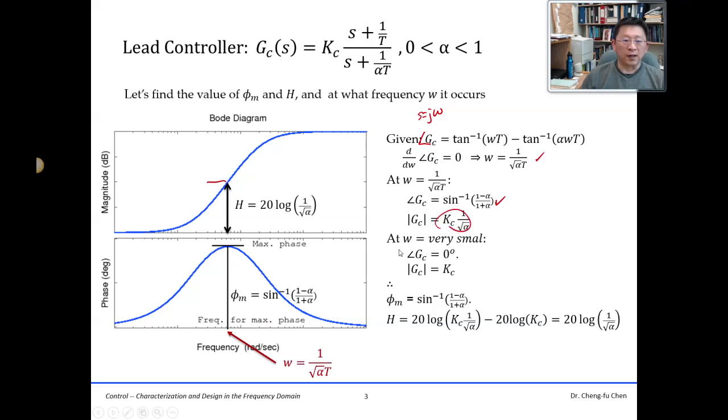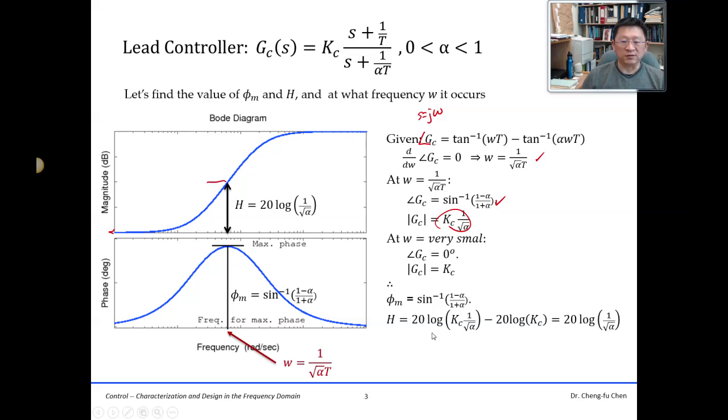On the other side, we calculate the magnitude of this controller when omega is very small, which is here. In that case the magnitude equals Kc. So h is simply the difference in decibels between here and here.